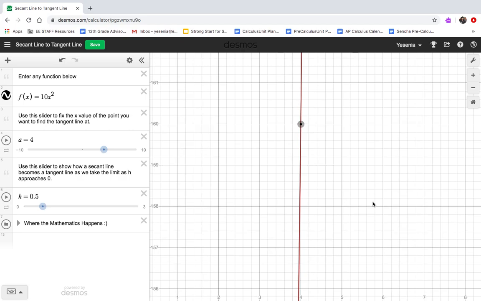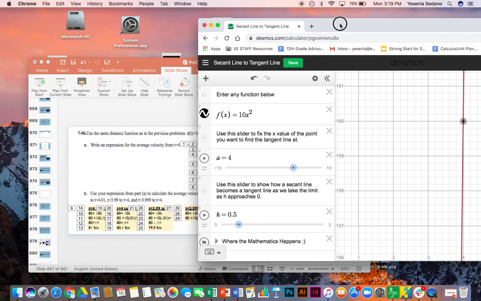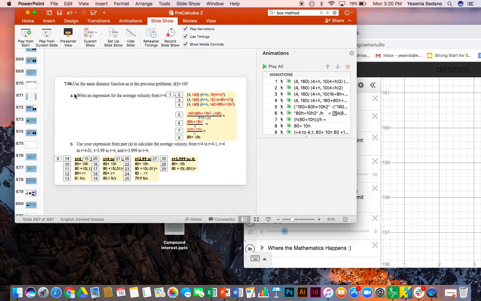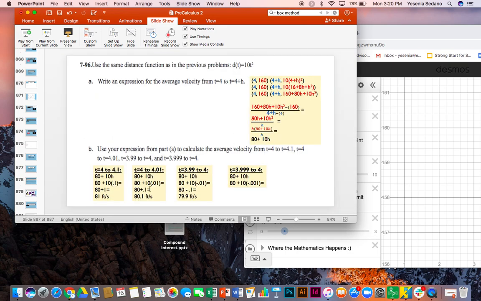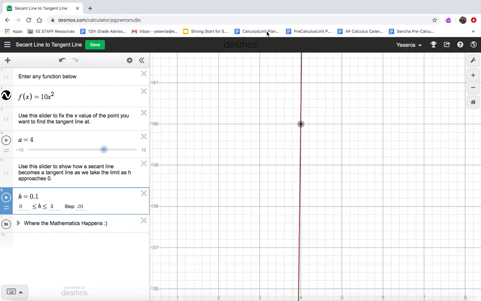Again, we're looking at the same point. The first one I believe we did was when h was 0.1.